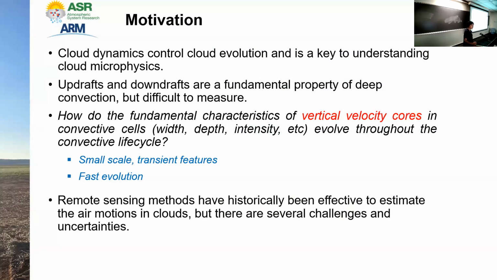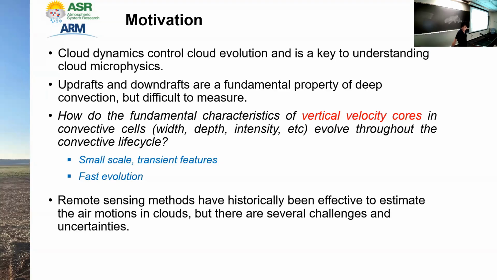But updraft and downdraft, even though they are very fundamental properties, are very difficult to measure. So remote sensing methods have historically been effective to estimate their motion, but there are several challenges and uncertainties. In particular, I'm really focused on the small scale features of velocity.